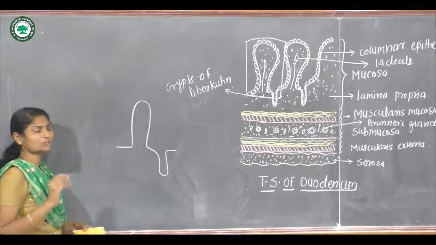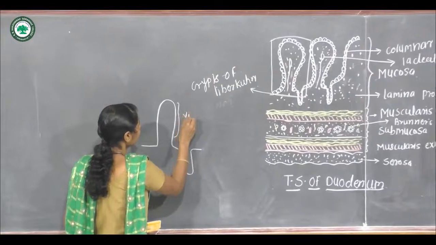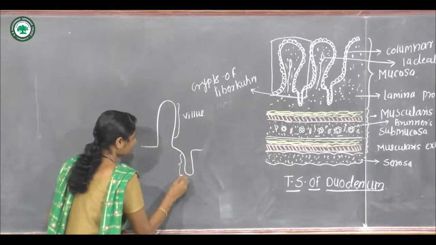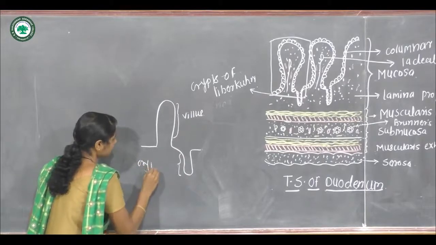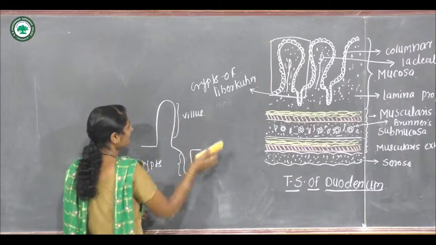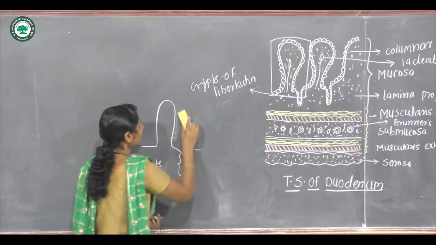This villus shows two parts. This part is called villus and the invaginated part is called crypts, also called crypts of Lieberkuhn or intestinal glands.